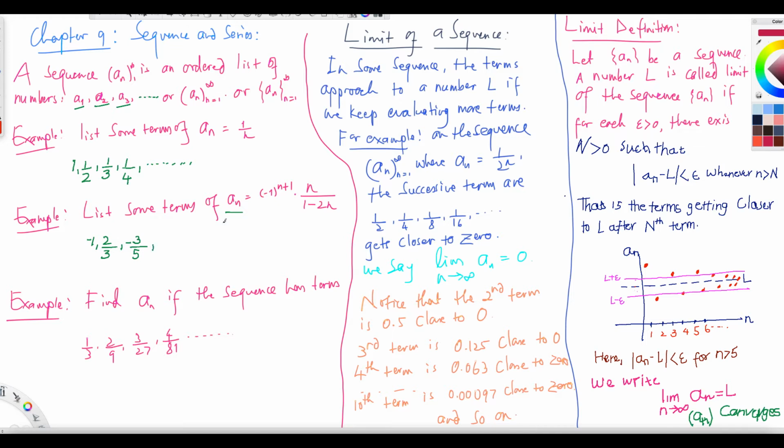Let's find the fourth term. Plug in n equals 4. a4 will be (-1) to the 4 plus 1, that is (-1) to the 5, which is -1. And then 4 divided by 1 minus 2 times 4, which is -7. So -1 times 4 will be -4 over -7, that will be 4 over 7. And so on.